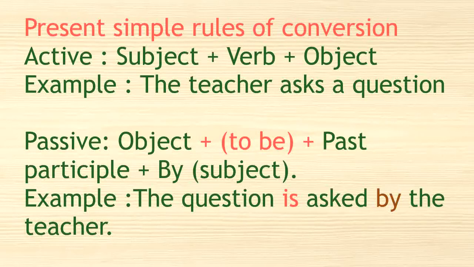In the present simple, we have the subject and then the verb in the present simple, and then the object. For example, the teacher asks a question. When we try to transform this sentence into the passive voice, we will start with the object, and then we will add to be after it, and then we will add the past participle of the main verb, and then we will end with by and the subject.